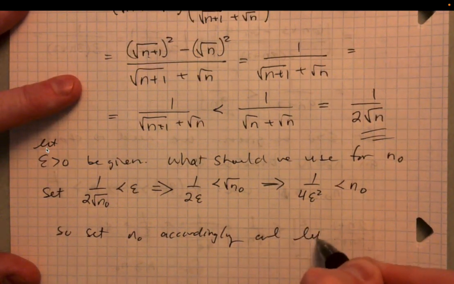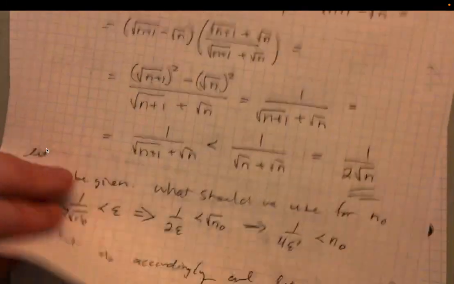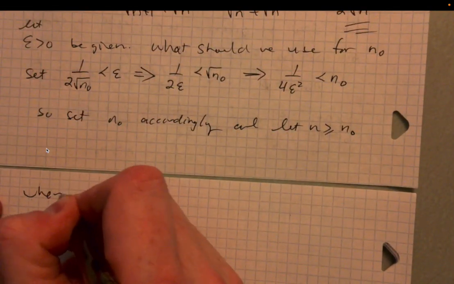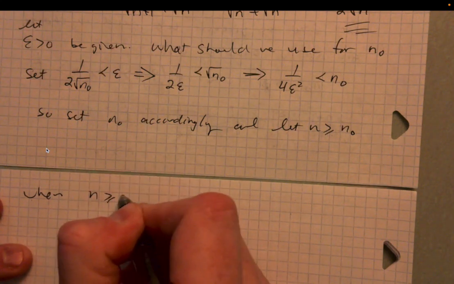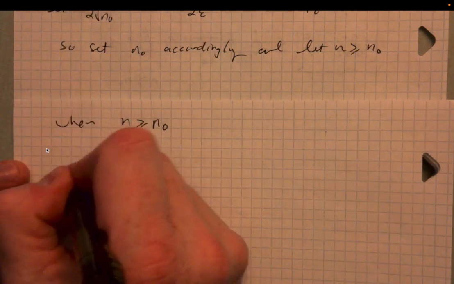And we need to let n be greater than or equal to n naught, right? And when that's the case, we have this relationship that we just did the math on.